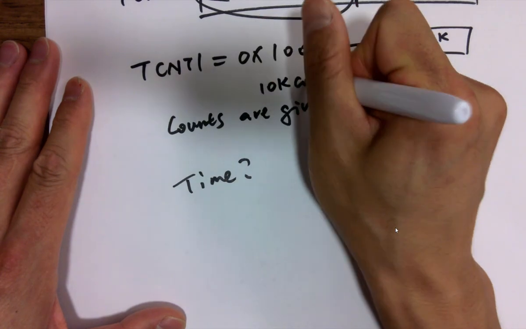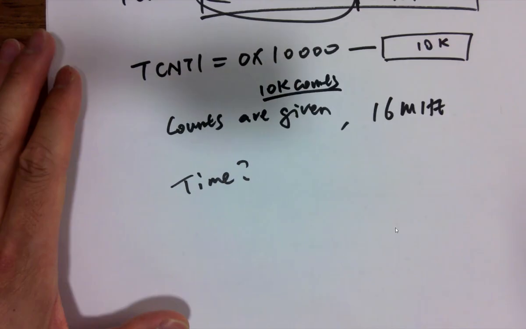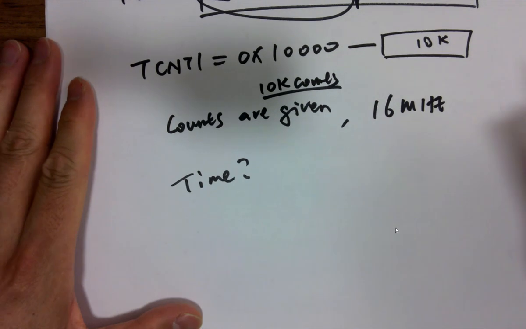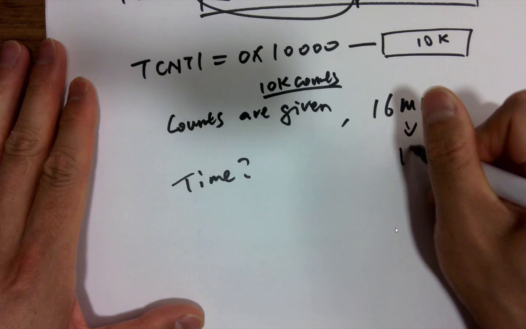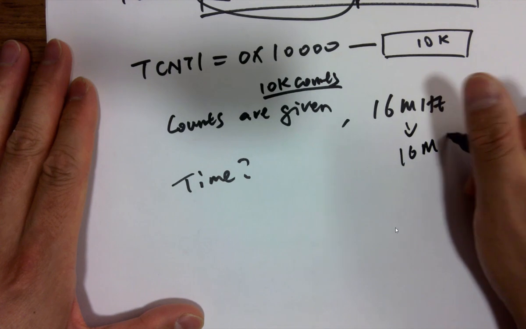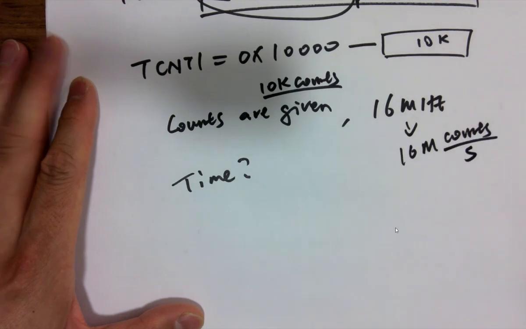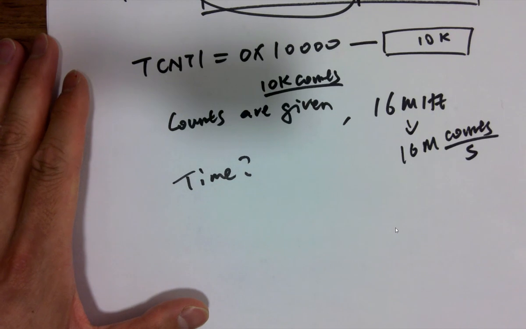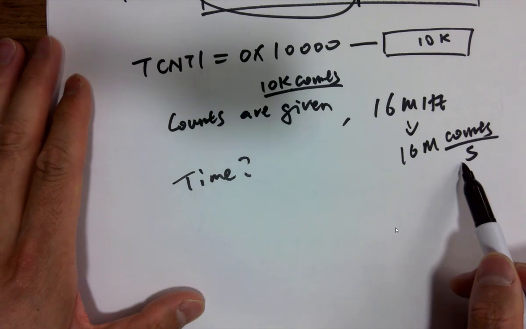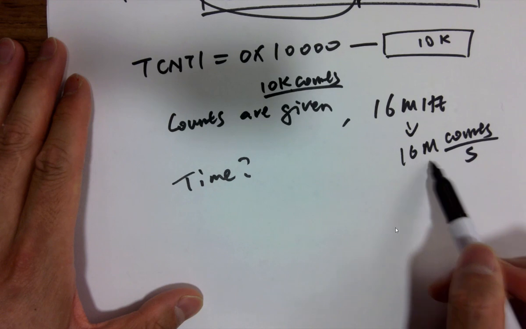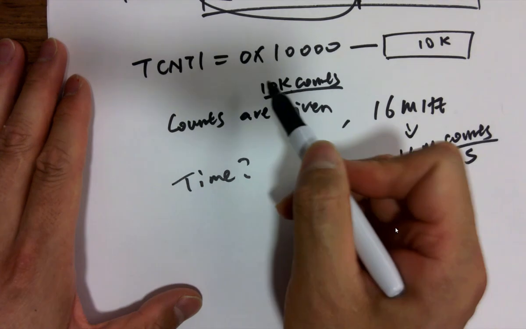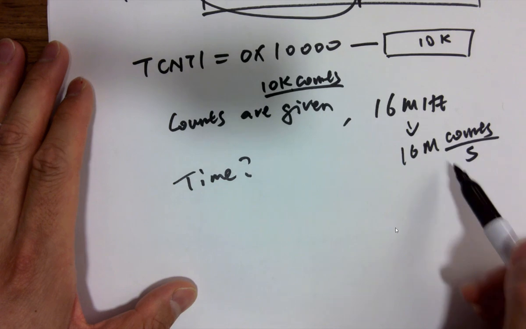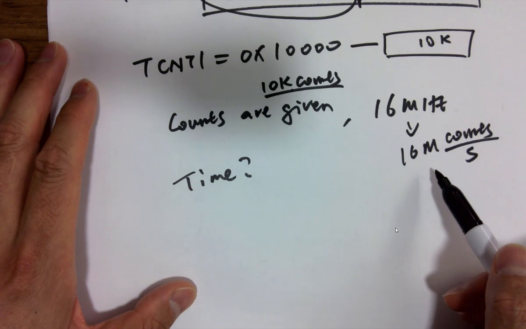10K counts. 16 megahertz means 16 mega counts per second. Right? This is given, this is given. We know it's counting at this kind of speed. And we know this is the number of counts we need. How long does it take to finish this number of counts at this speed?